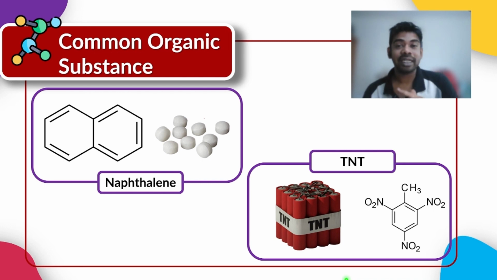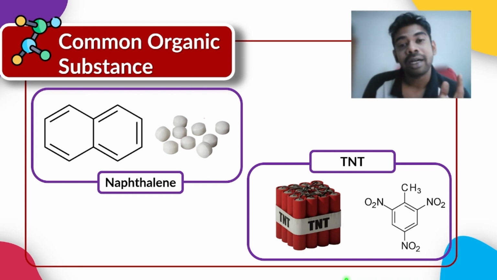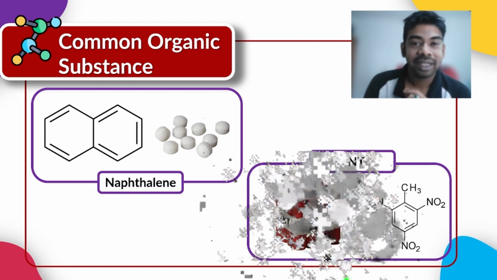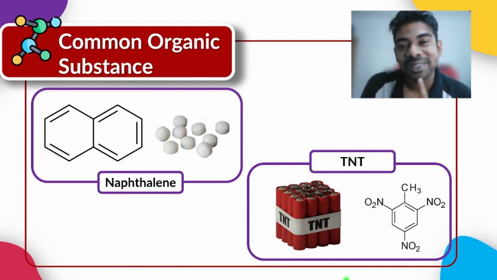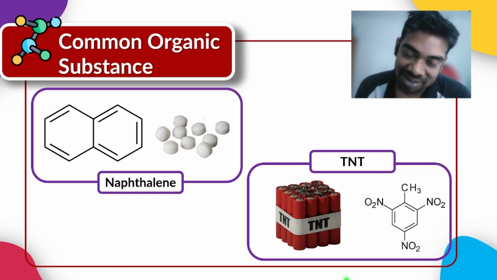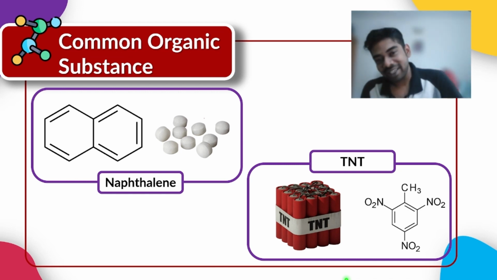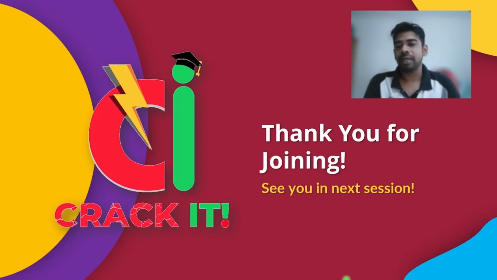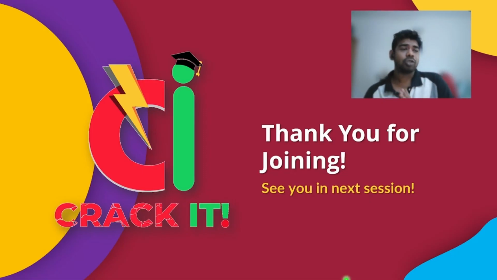You might have heard about TNT in reaction videos when you have a boom, right? So all of that explosive is also considered an organic substance. The definition of organic substances has become a little broader, and as we explore, it is going to increase more and more.